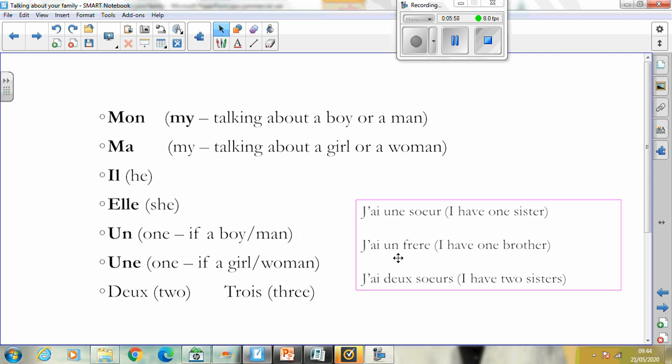If you wanted to say, I have two brothers, what would that be? J'ai deux frères. And what about I have three sisters? J'ai trois sœurs. Okay, now we'll move on.